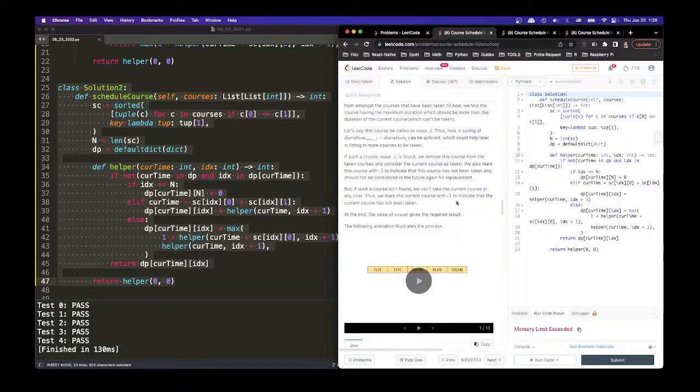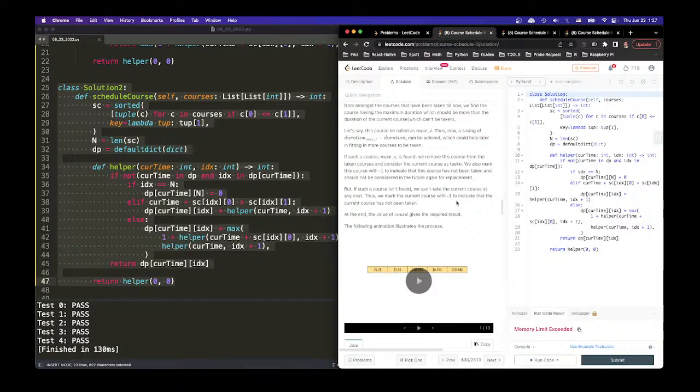Right? So basically, we have the total right now, and then we try the current course. If it can be taken, push into the queue. If it cannot be taken, the largest one pops out. And then we try to see in the remaining which one is smaller.